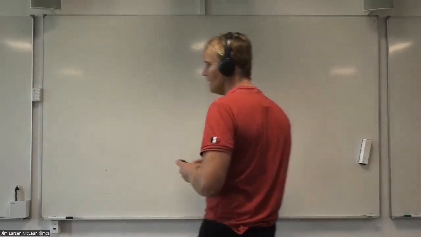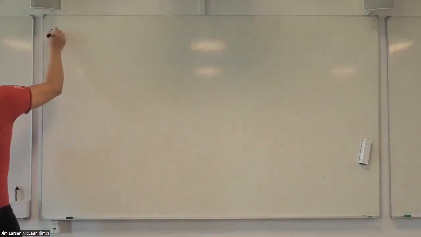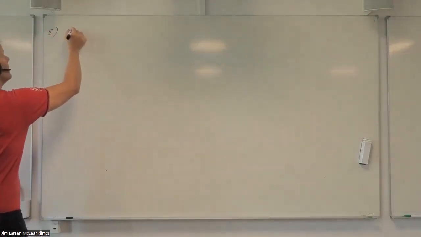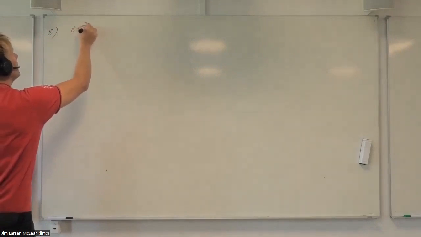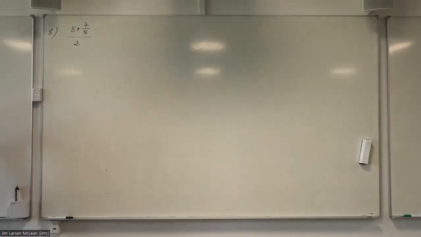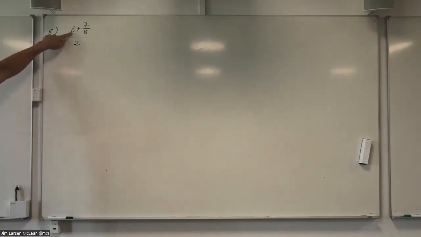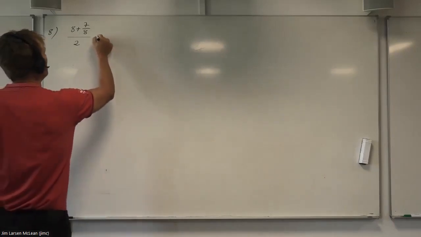All right. We're now at task 8. Plus 7/8, over 2, you need to calculate it. So I'll start by thinking that it should be rewritten as a fraction with the denominator 8. 8 is 64/8, so I can write the number 8 in disguise as 64/8.